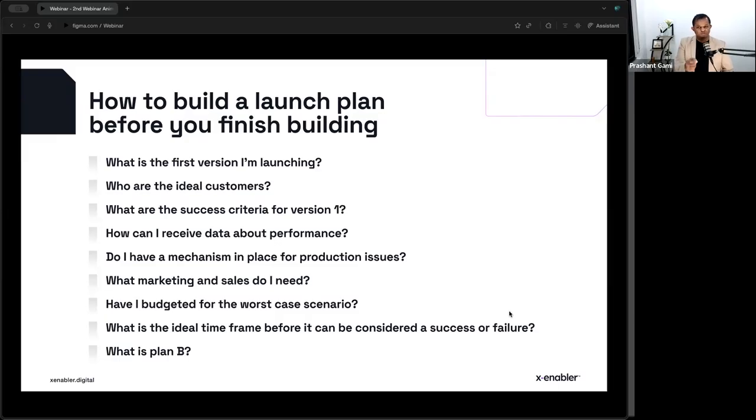But that's not a blocker. So your subset of customers also becomes smaller when you have a subset of problems that you are solving. So you need to identify who the ideal customers are, even within the organization or within the ecosystem, who are actual buyers for version 1. And what is the success criteria for version 1? So success for a payment portal is not the same as success for the overall CRM, right?